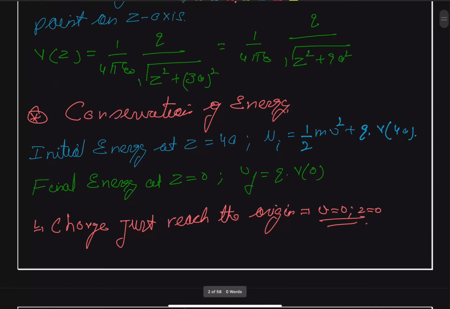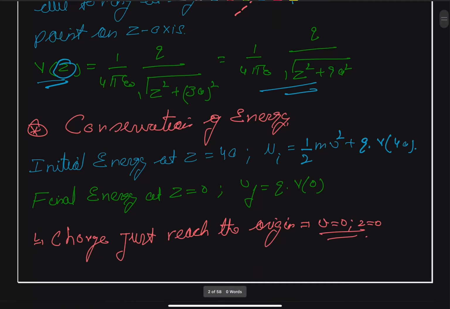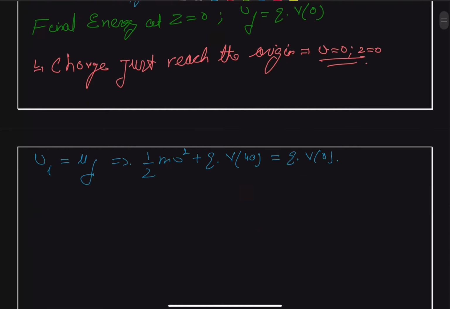And we already know the equation of the potential that is dependent upon the z. Therefore, we can just modify the equation. We get this as half m v square plus Q and potential at 4a.